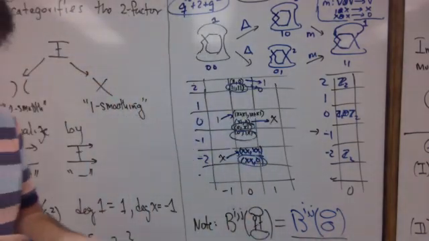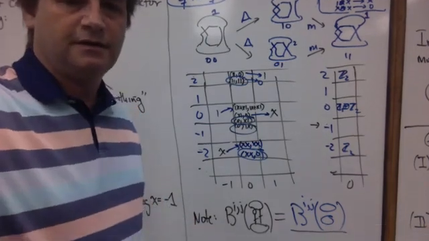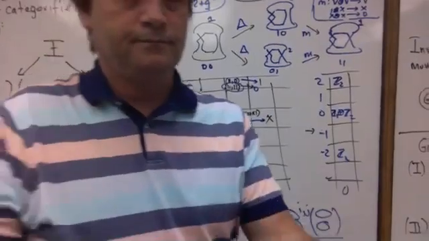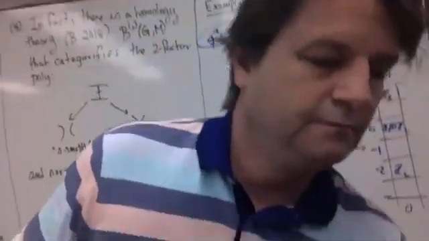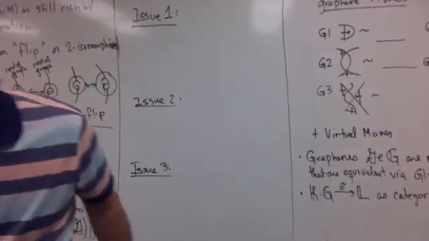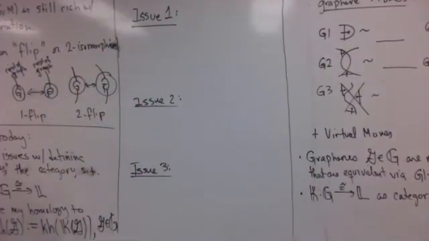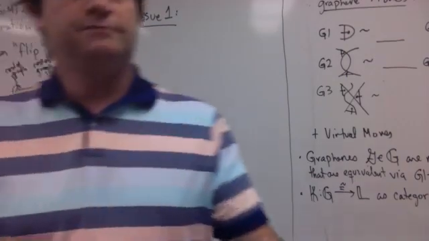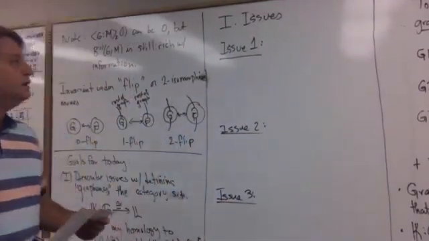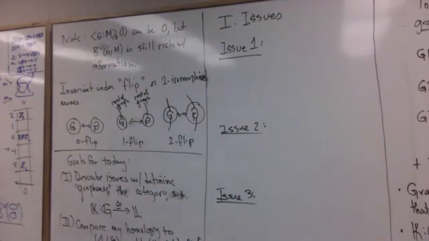Basically 2 ungraphs on the components. All right. That's how you compute the homology theory, and the fact that it looks like Khovanov homology shouldn't surprise you at all. So let's keep going.